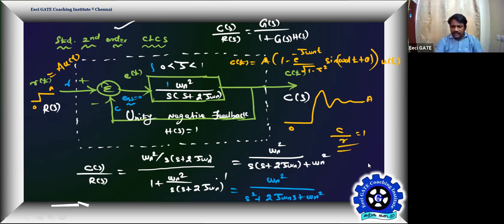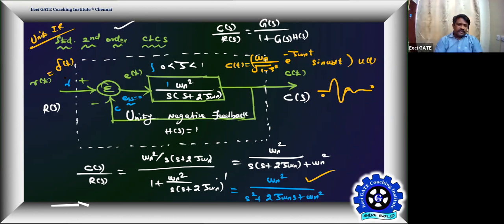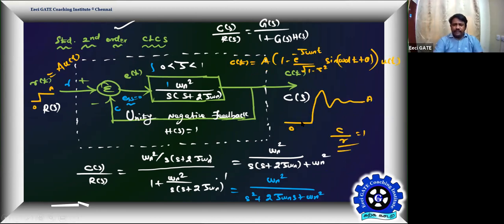Here also it is c/r equal to 1, but r is equal to 0 for t greater than 0 because it's an impulse, and output is also going to become 0 at steady state. Here input is A at steady state, that is for t greater than 0 forever. Output follows your input, therefore error becomes 0 here.